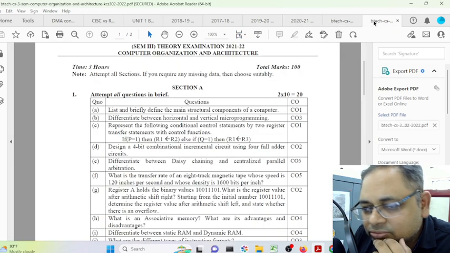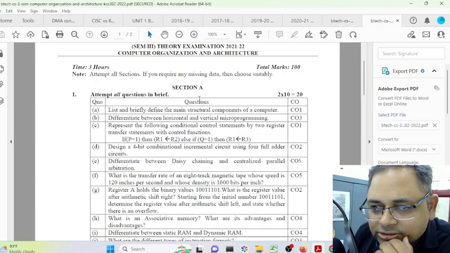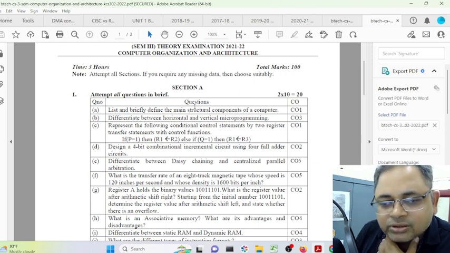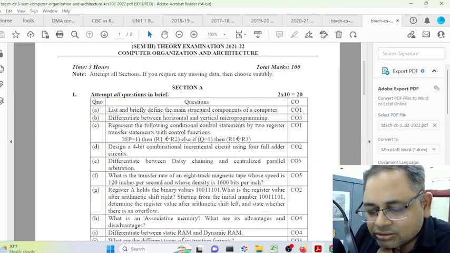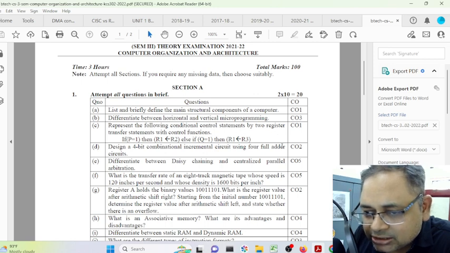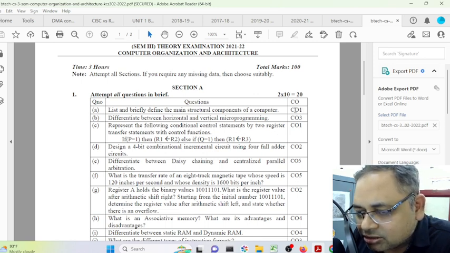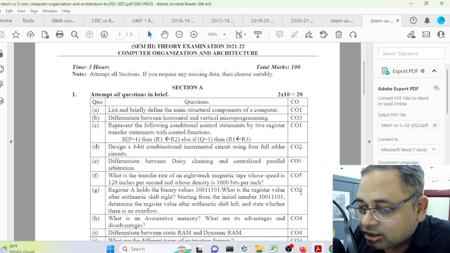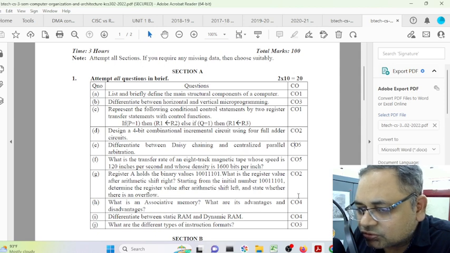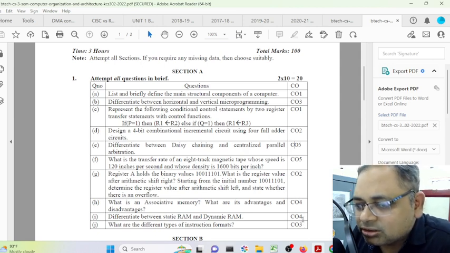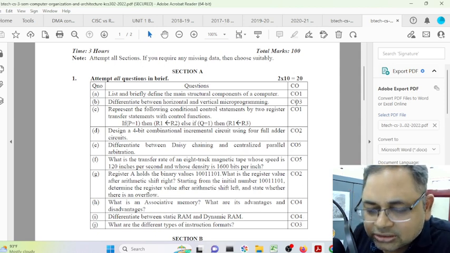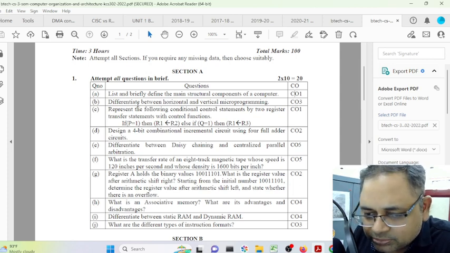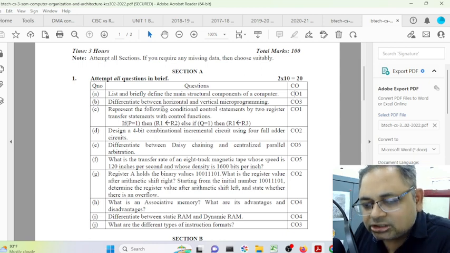I think that it is stable on the 21-22 pattern. In the Ikis paper, you can see that there are 2 CO1s, 2 CO2s, 2 CO5s, 2 CO4s and 2 CO3s, just like this. Means each unit से, हर यूनिट से इक्वल क्वेश्चन पूछे जाते हैं, 2 क्वेश्चन ईच यूनिट से.